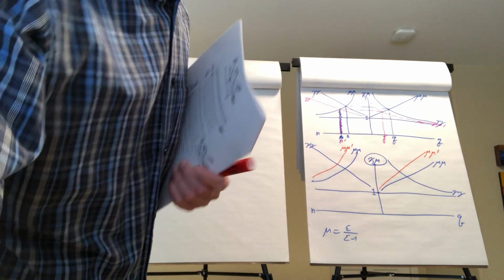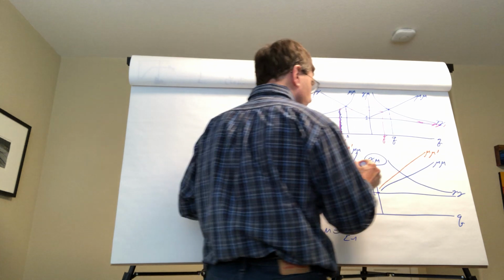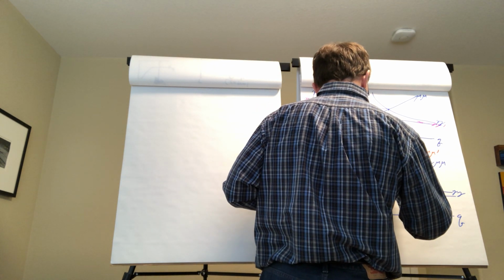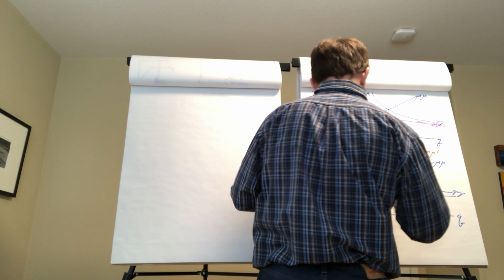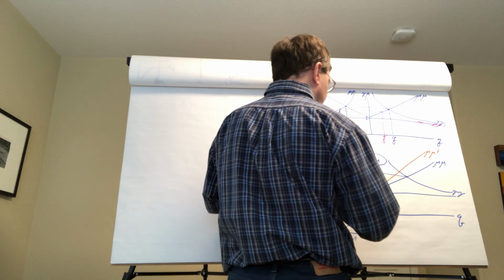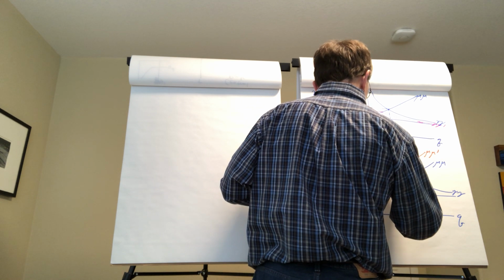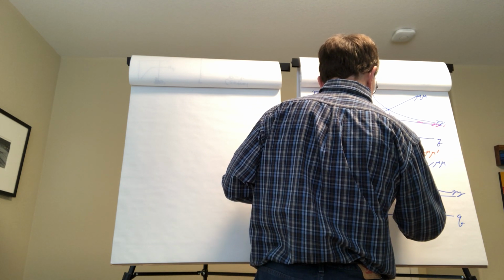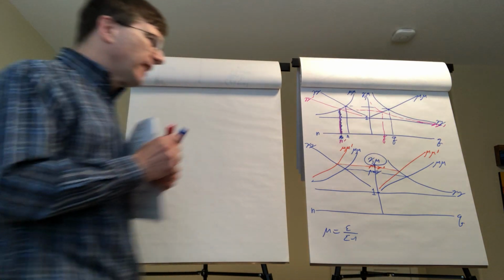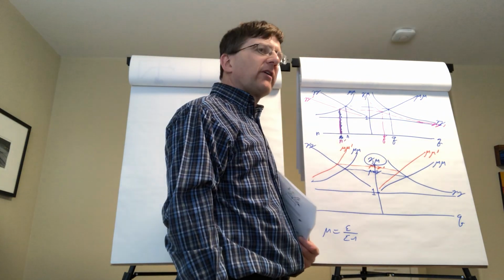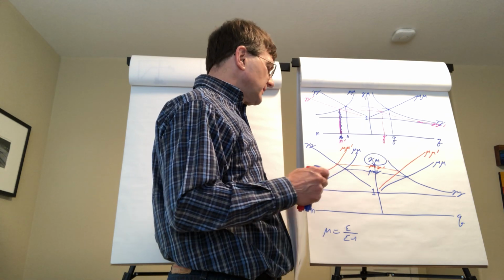Now, first thing to notice is what's happening to the markup ratio itself. Mu equals gamma there. Now with the red, it's gone up. Markup ratio has gone up. Mu prime equals gamma prime. Now, marginal cost hasn't changed, so we know that price and average cost have also gone up.